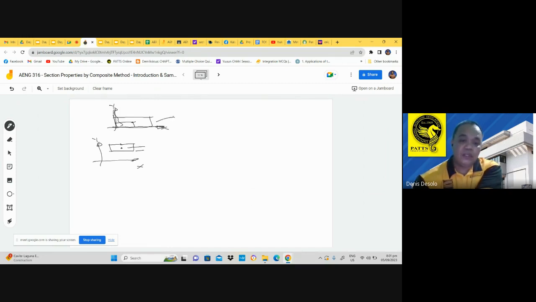When we derived the formula, assuming this is h and this is b, we know that the vertical centroid is one half of h. Using this formula is not enough to determine how high the centroid is above the x-axis, because you need to add the h over 2, which comes from the centroid and the bottom side of this rectangle, and this gap, whatever the height of that.